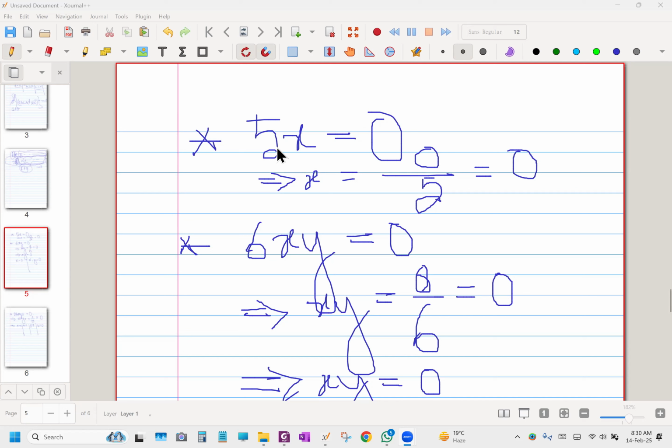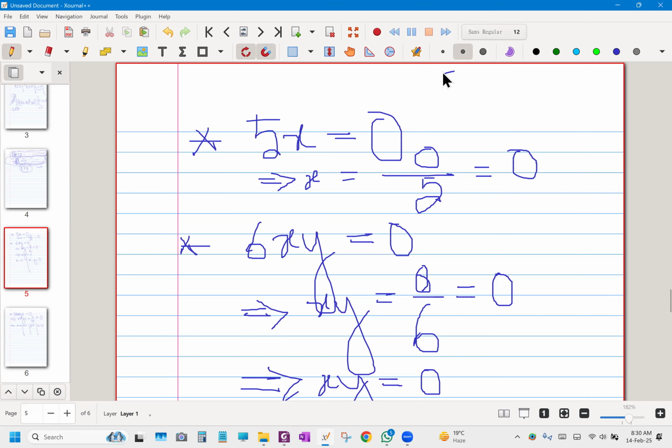That's one of the basic rules of equations. Some people write 5x divided by 5 equals 0 divided by 5, but this is very time consuming, because the 5 and 5 cancel, and x becomes 0 by 5, which equals 0.